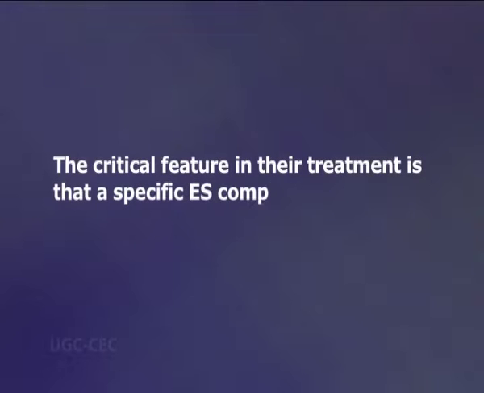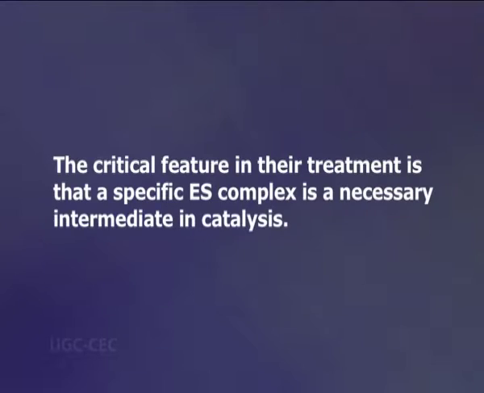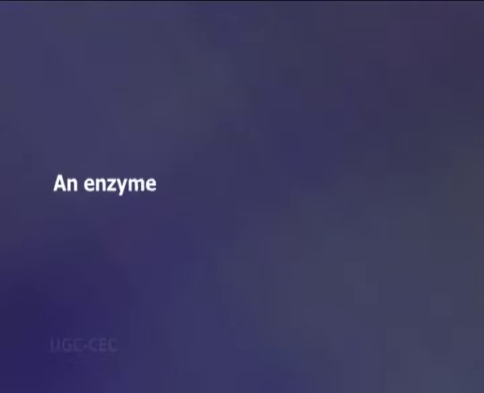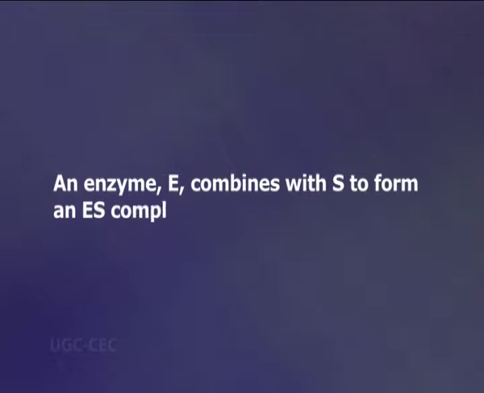The critical feature in their treatment is that a specific ES complex is a necessary intermediate in catalysis. The model proposed, which is the simplest one that accounts for the kinetic properties of many enzymes, is that an enzyme, that is E, combines with S to form an ES complex with a rate constant k1.